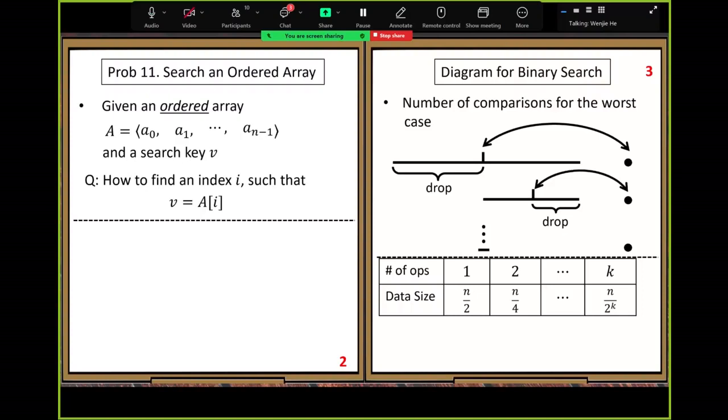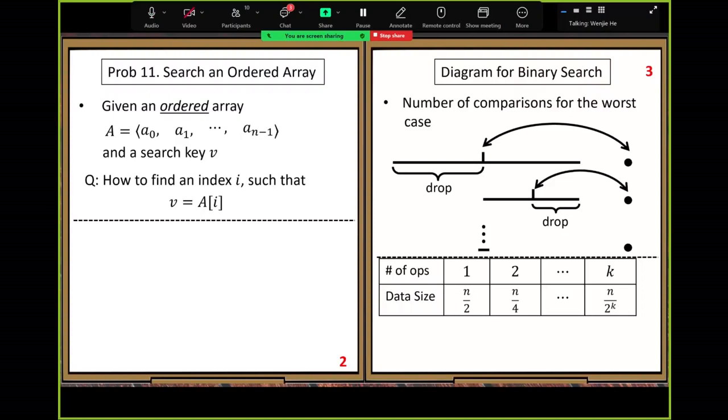So after one comparison, the data size of the subarray that contains the given key is n/2.